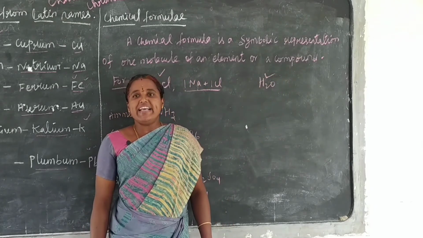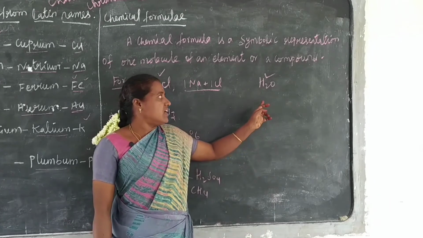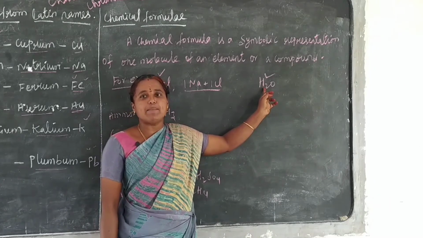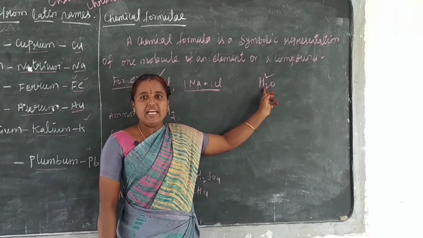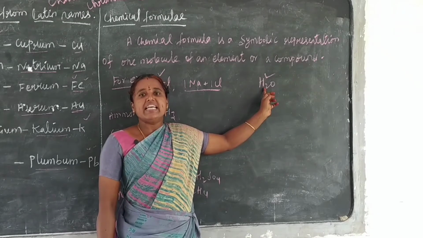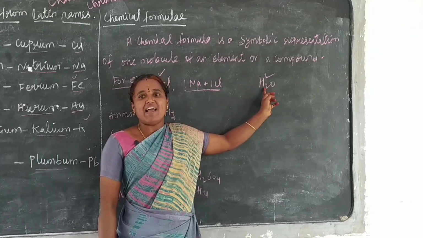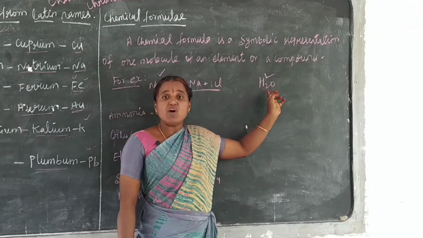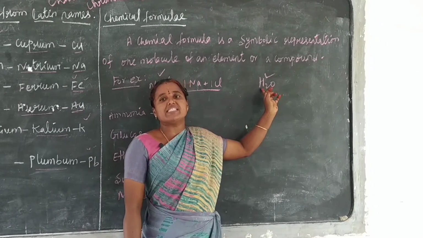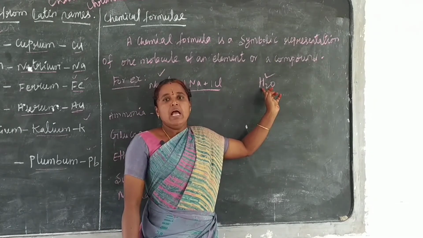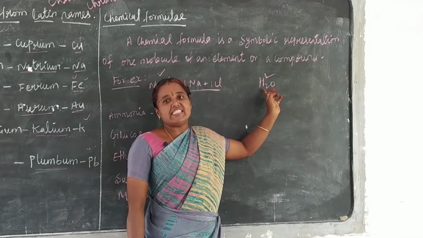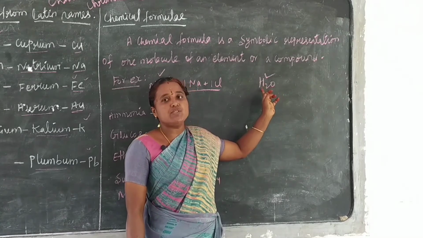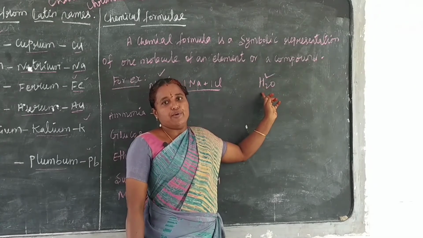The small number near the hydrogen symbol is called a subscript. It tells us the number of atoms of that element present in the molecule. Hence, there are 2 hydrogen atoms in a water molecule.